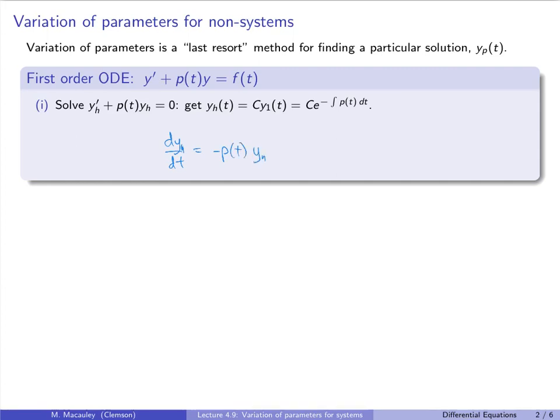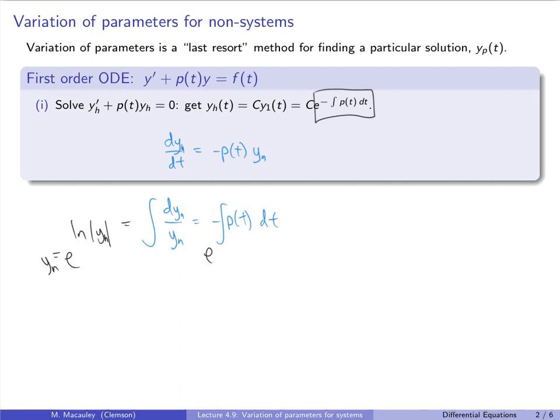If you separate variables, you get dyh over yh equals negative p of t dt. And if you integrate both sides, then the left-hand side is just the natural log of yh, and then you just exponentiate both sides. And this left-hand side is yh. So that's where this comes from right here.